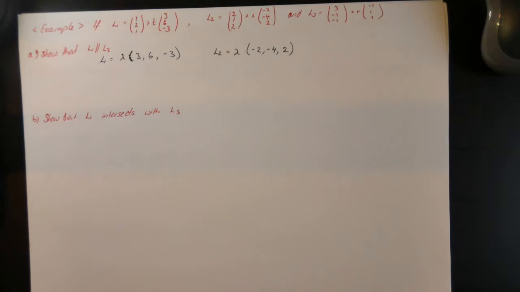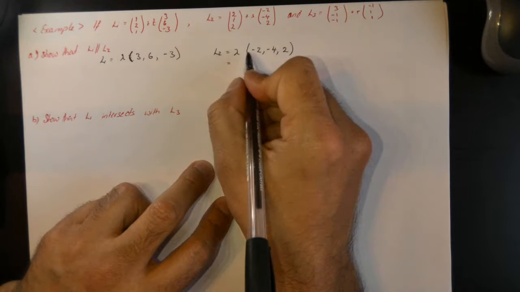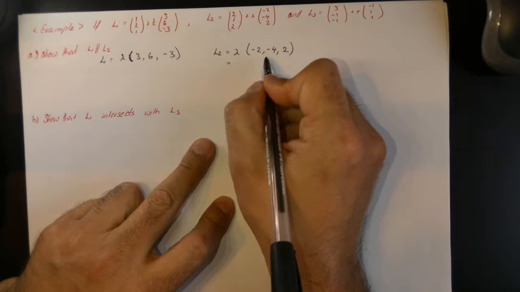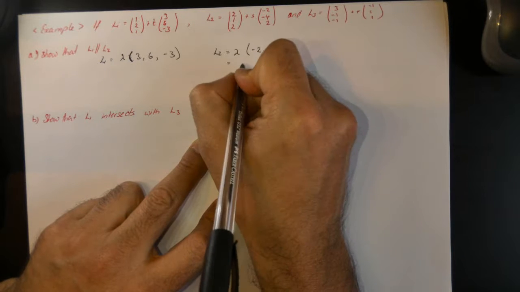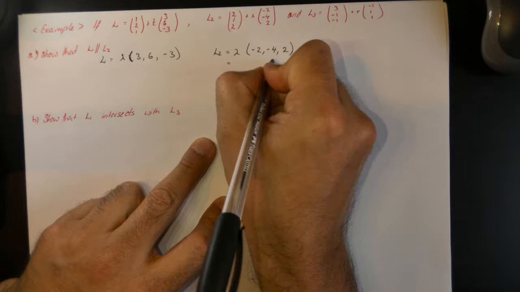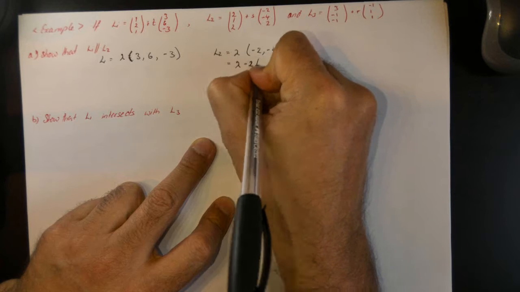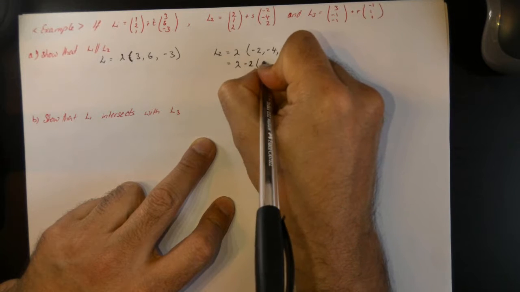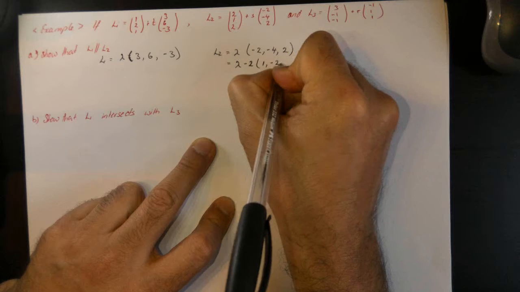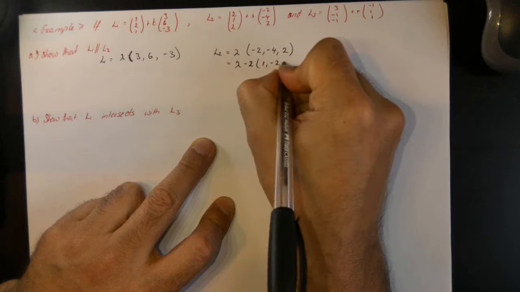The one thing I would probably want to do is have something in forms of ones. So if I took out negative 2 from here, I would get 1, 2, negative 1.